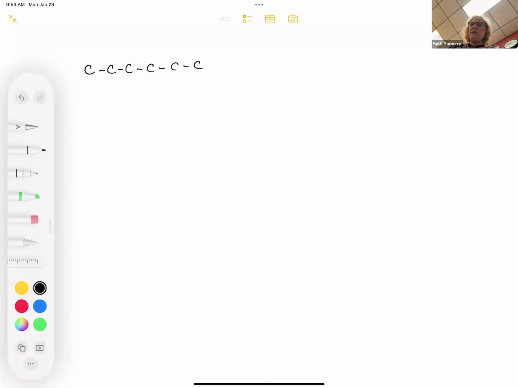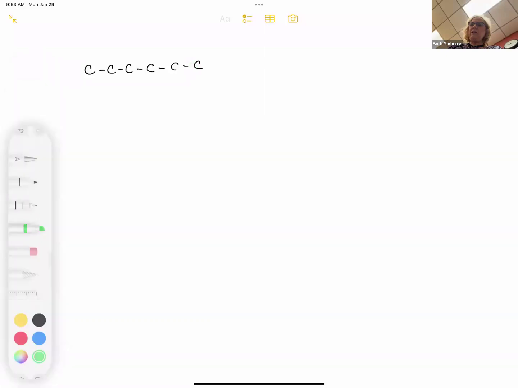Okay, so the first one's always the easiest. Just draw a chain. Now, what we're gonna do for the next one is we're gonna take off one of our carbons and we're gonna move it around.